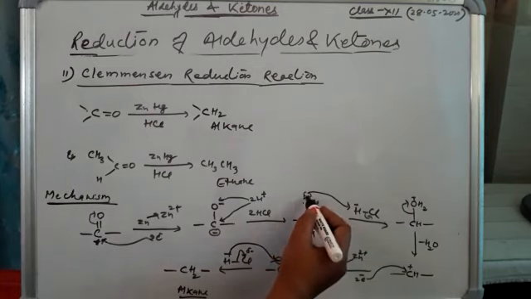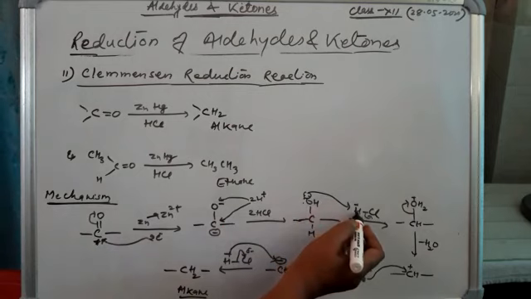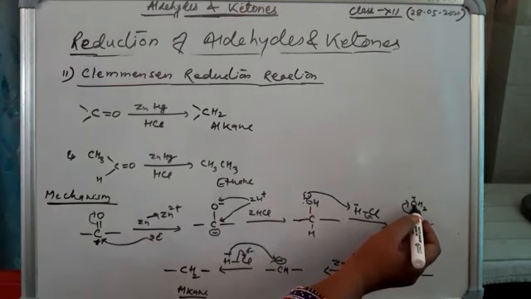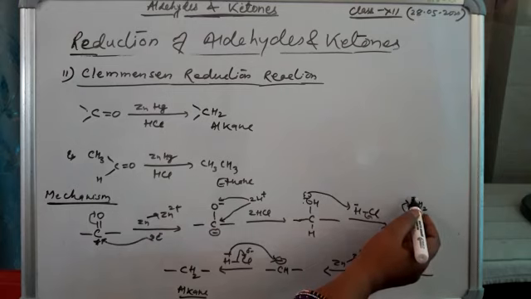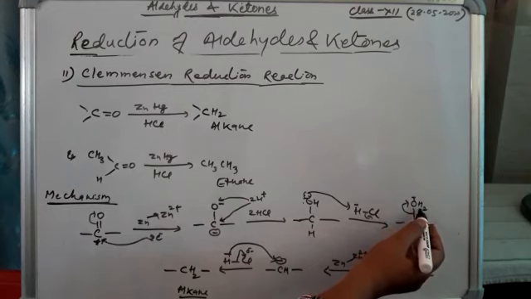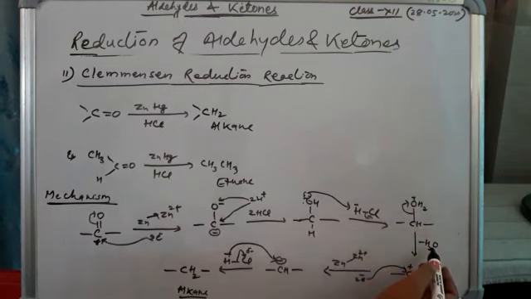The lone pair present on the oxygen takes protons from the acid and gets converted into OH2, in which a positive charge appears on the oxygen. Obviously, when the positive charge appears on the oxygen, there will be removal of water. By removal of water, carbon again becomes electron deficient, meaning a positive charge is created, and zinc gives 2 electrons to the carbon.